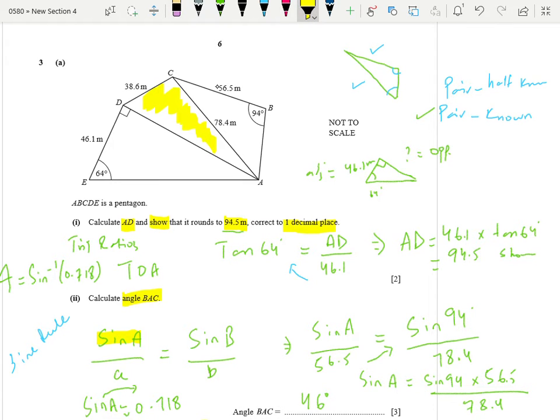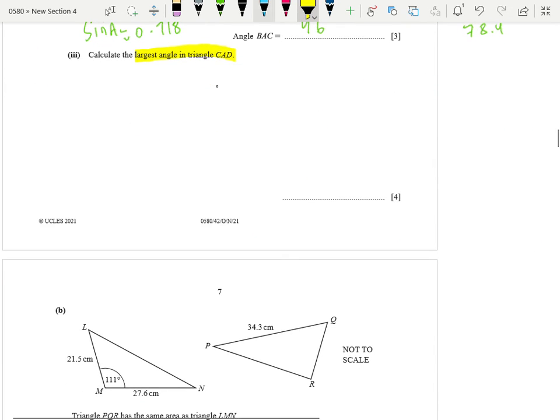So we have to find the largest angle. Students, keep in mind the largest angle is always opposite to the largest side. How will you find the largest angle? That is another debate. But how would you identify the largest angle?